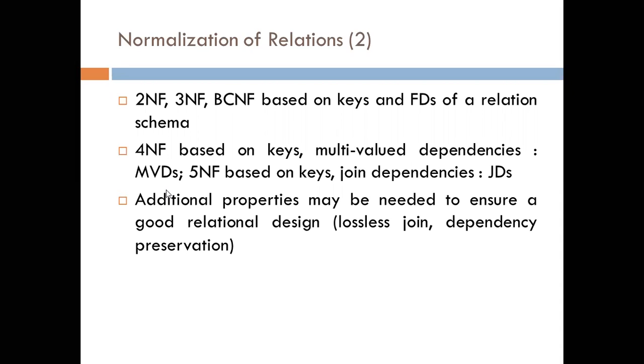Normalization of data can be considered as a process of analyzing the given relational schema based on their functional dependencies and primary keys to achieve the desirable properties of minimizing redundancy and minimizing the insertion, deletion, and update anomalies. Our sole intention of applying the normal form rules is to minimize redundancy. In yesterday's class, we studied redundancy. Redundancy means the same information is stored at multiple locations.